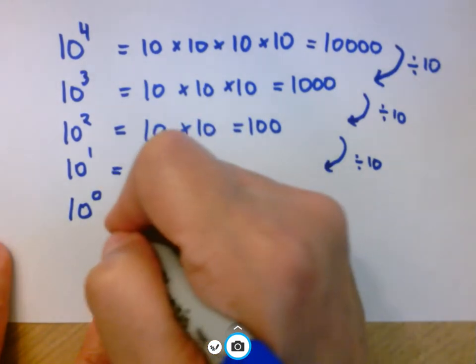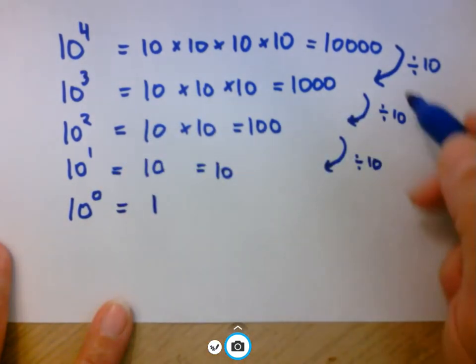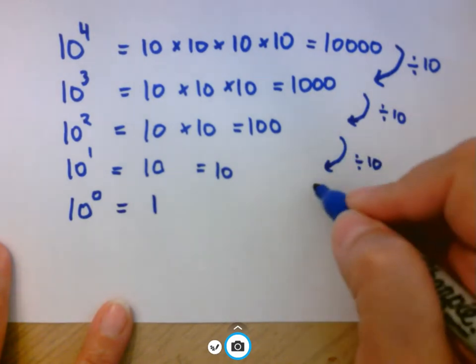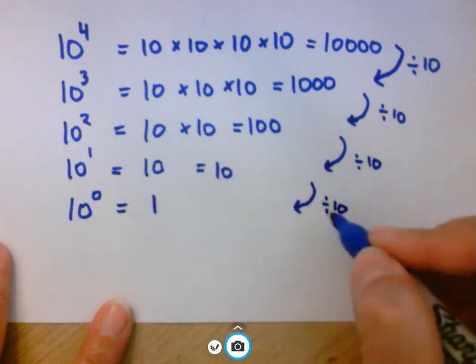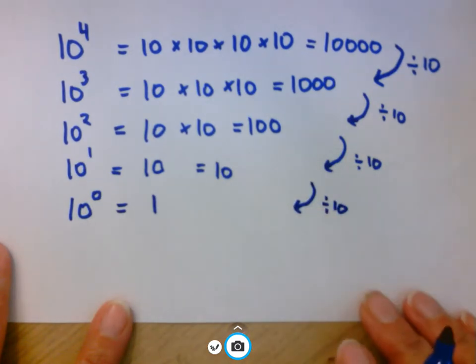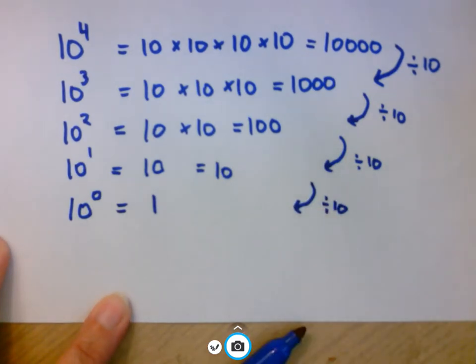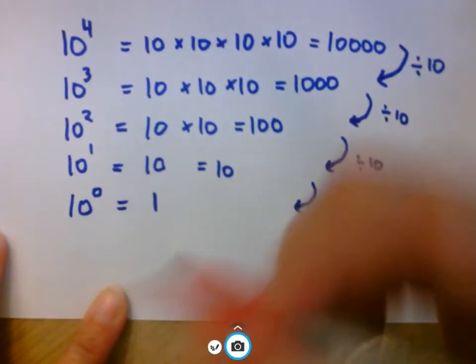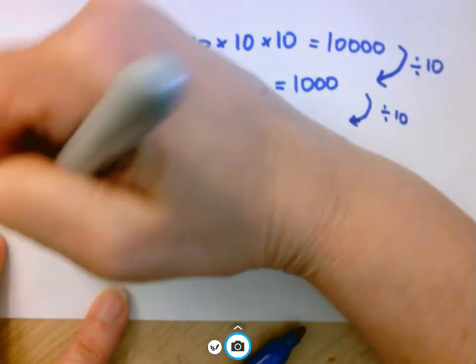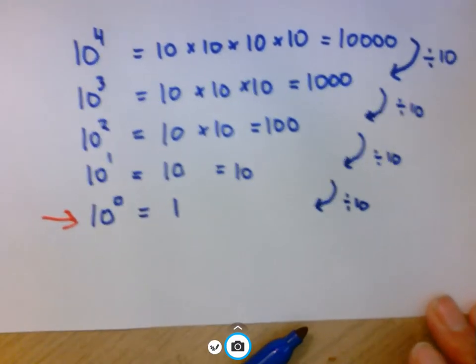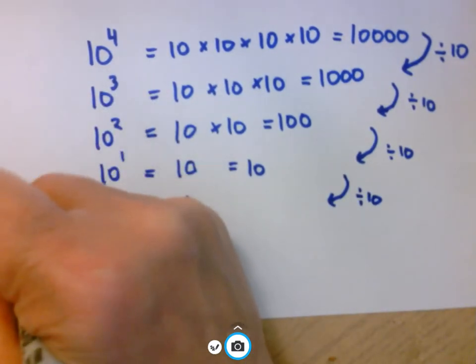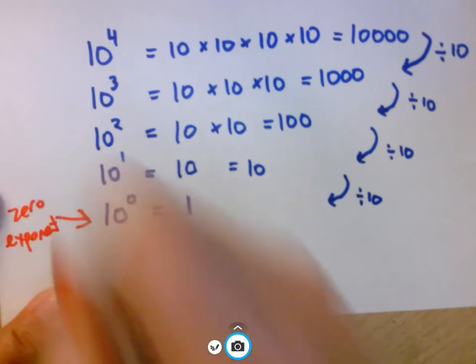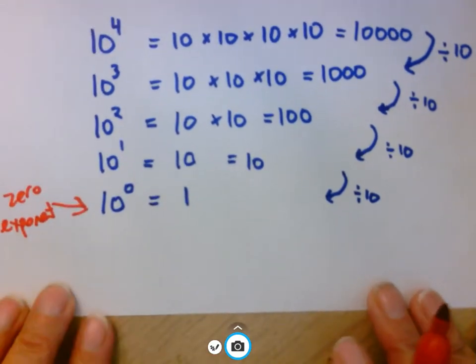The reason is that if you follow the pattern, from every step to the next you're dividing by 10. So 10 divided by 10 is 1. This is an important line for us, so I'm just going to put an arrow here and write 0 exponent. We're going to talk about the 0 exponent in a second. That's new for us.